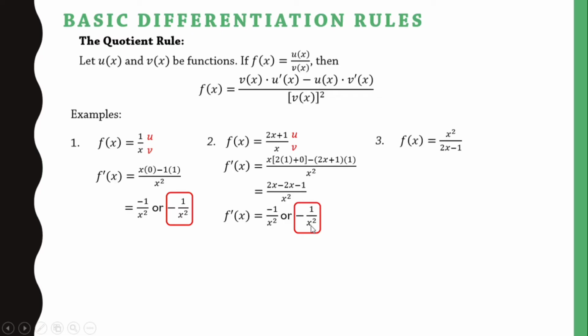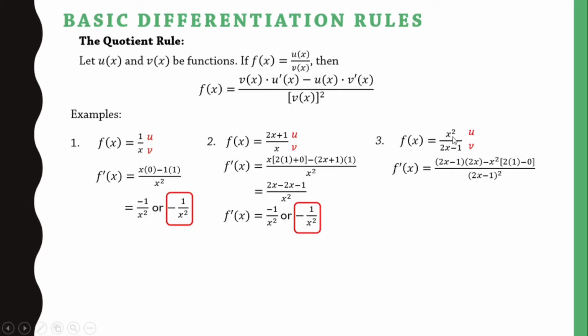And lastly, we have f of x equals x squared over 2x minus 1. So x squared is u, and 2x minus 1 represents v. So again, we follow the formula for the quotient rule. So we have v, so that's copy 2x minus 1 times u prime. Or we get the derivative of u, which is x squared.